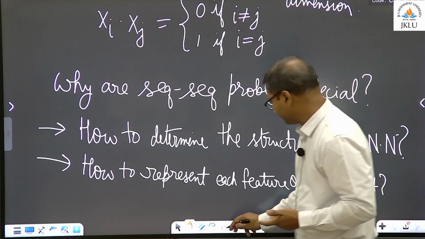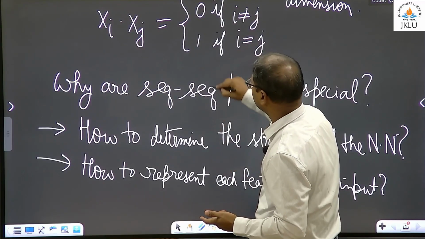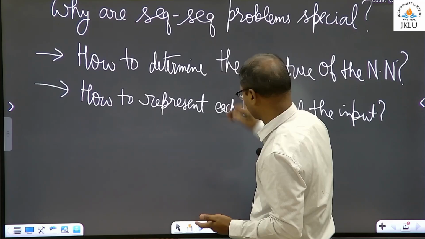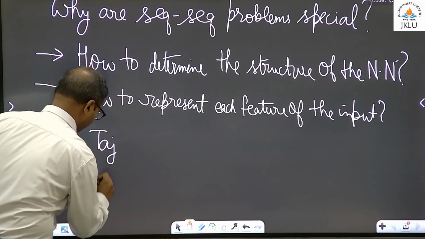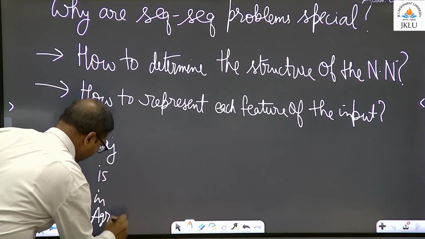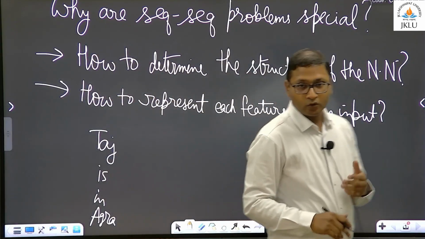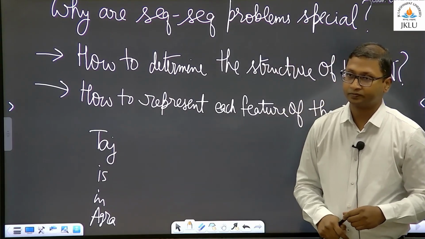We said, okay, let me draw it again now. So Taj is in Agra. And I don't have any idea what will be my x1, x2, x3, x4.